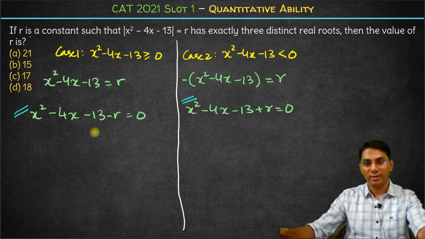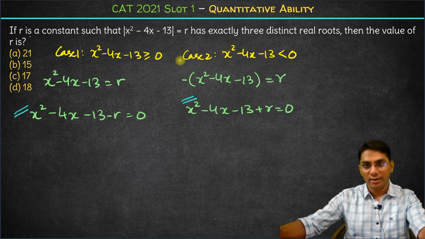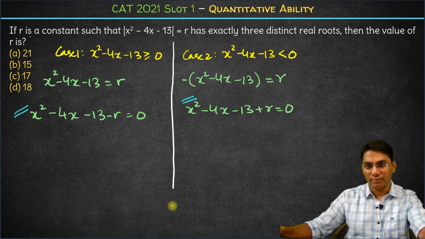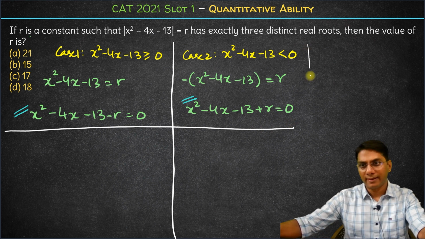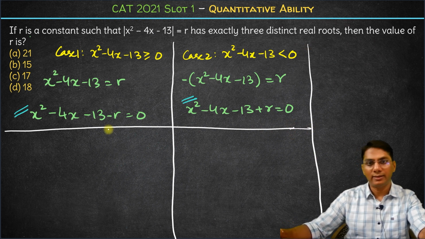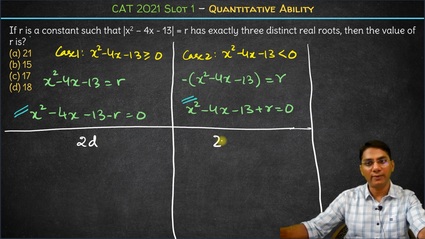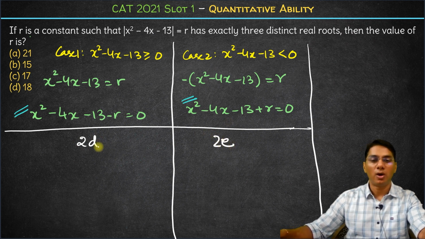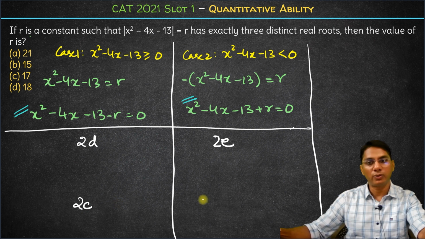So let's take cases. One of the possibilities is that either this quadratic has 2 distinct roots and this quadratic has 2 equal roots, or this quadratic has 2 equal roots and this quadratic has 2 distinct roots.